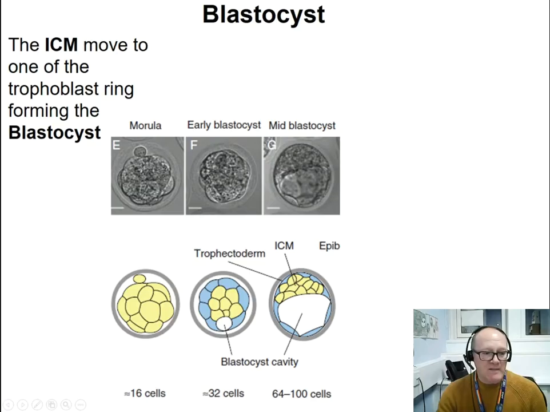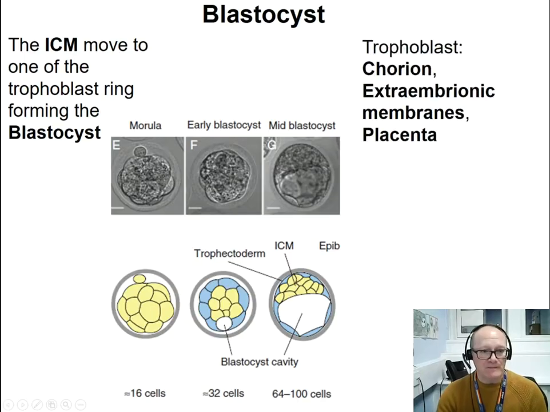The ICM is pushed toward one side of the embryo, and it is very recognizable in this cartoon here, because the ICM are these yellow cells that are pushed to one side, while the trophoblast is the blue cells that surround the ICM. The more liquid the trophoblast is producing, the bigger the blastocoel becomes, and the more toward one side the ICM is pushed.